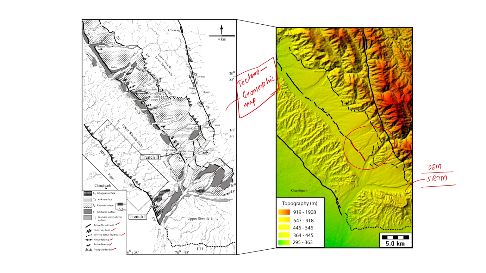So such kind of detailed maps which show us the landforms and active fault traces, okay. So you see an active fault trace here. Such maps are essential to be prepared before you head for your field work. Okay. So this is the first step you should do.